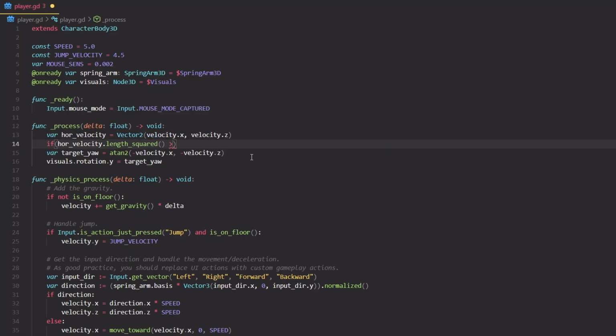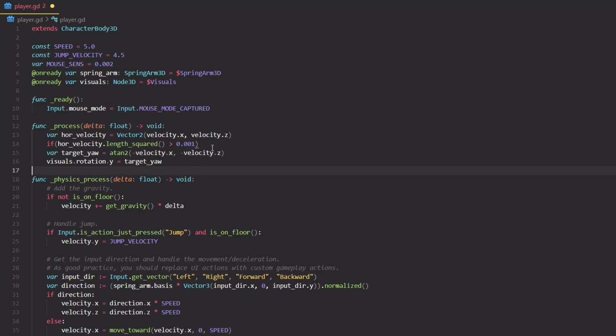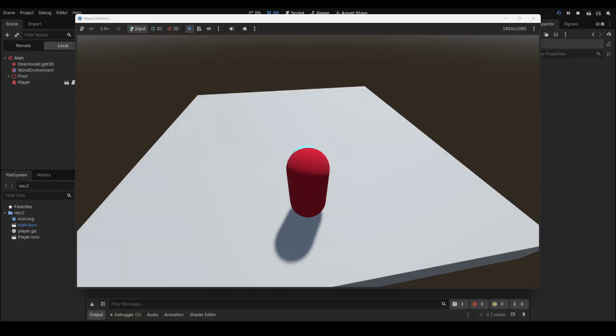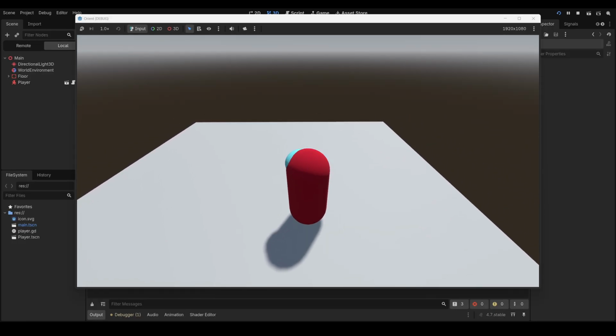And I'm going to say if it's greater than 0.001. I'm not going to use 0 because once we do divisions and we get to a number close to 0, we can get some really wonky results. So once it's greater than 0.001, then we can calculate our target yaw and set our visual rotation to that yaw. And if we play our game now, you can see that our character is not facing backwards, and once I move around, it's orienting to the right direction.